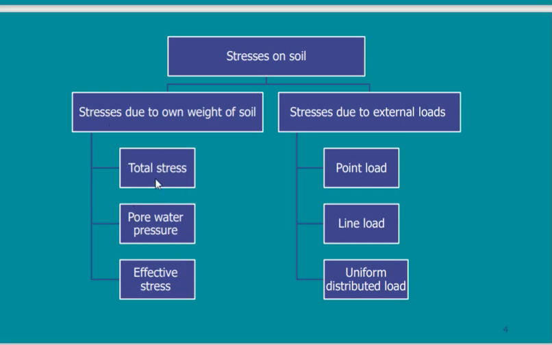The stress is the total stress, and this total stress is divided into pore water pressure and effective stress. Effective stress is the stress that the soil can take alone. Pore water pressure is the pressure of water. They call it pore because water is inside the pores of the soil. So they call it pore water pressure.